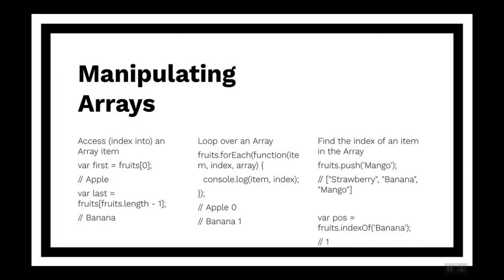Manipulating arrays. Here are a few examples of how you can manipulate an array. One of the ways is to use the methods on the array object. You have the forEach method, in which you traverse the array and print out every item in the array. If you want to add to it, you can use the array.push method.